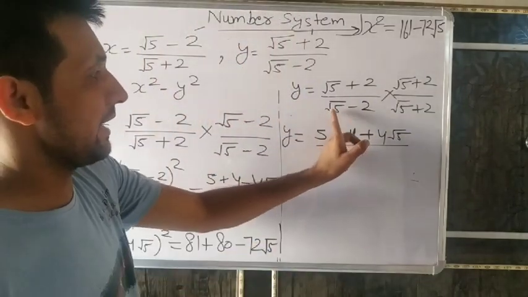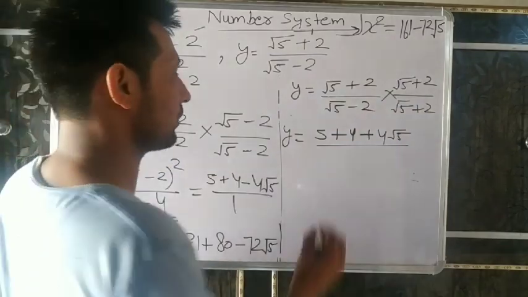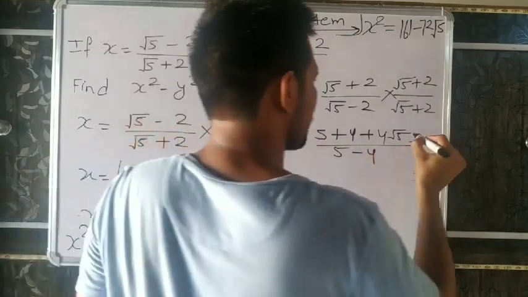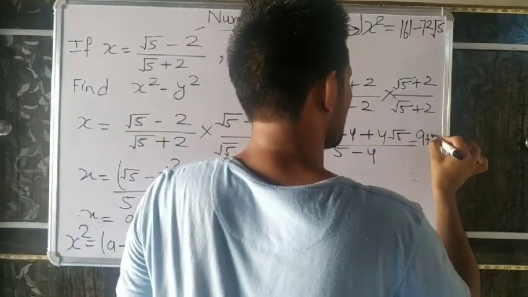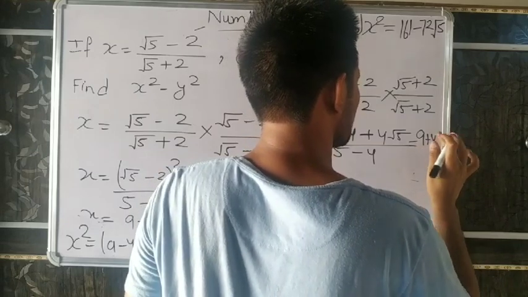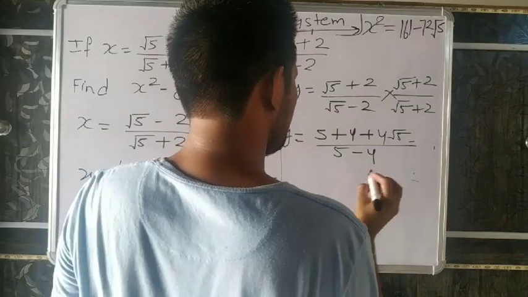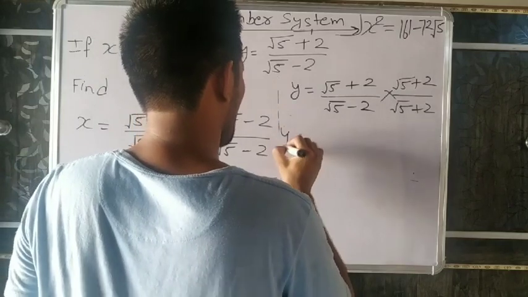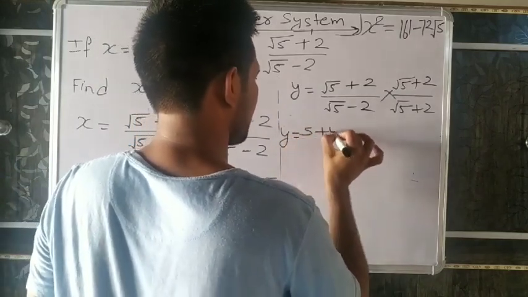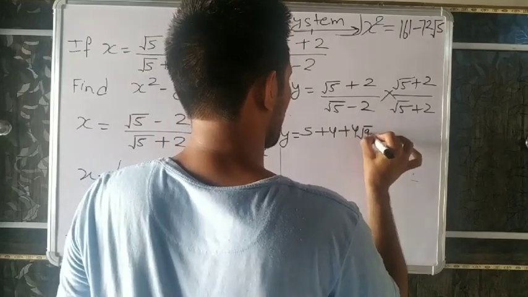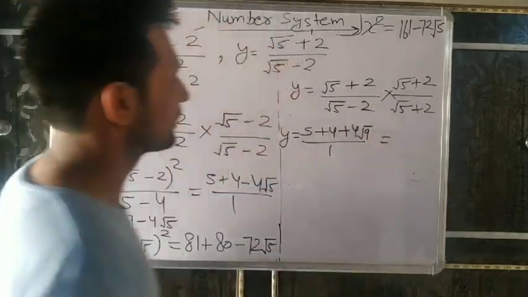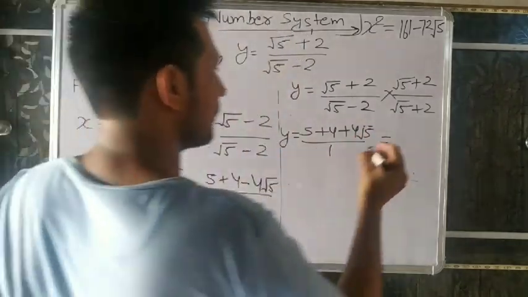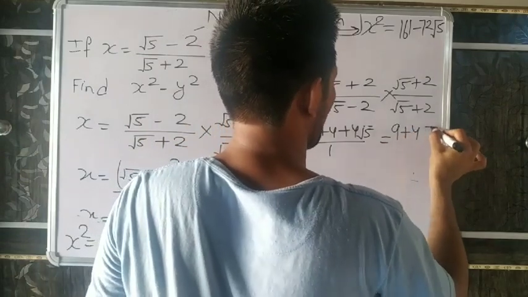Next, (a minus b)(a plus b) is a square minus b square, 5 minus 4, which is 1. So y equals 9 plus 4 root 5.